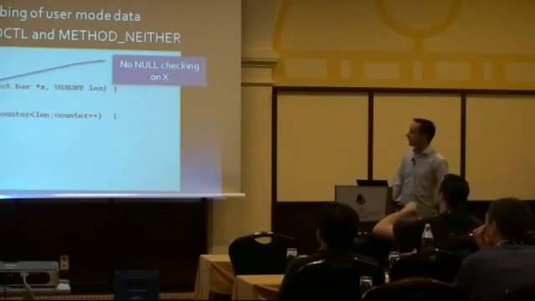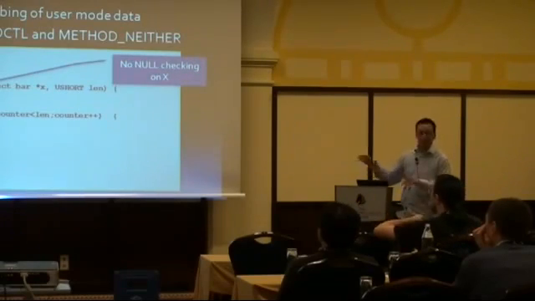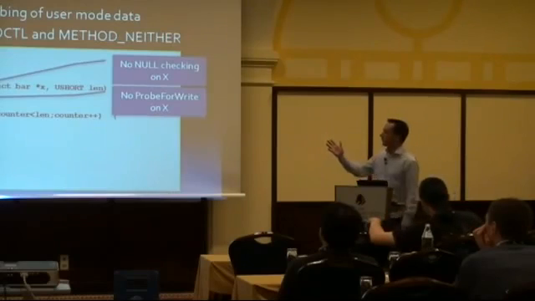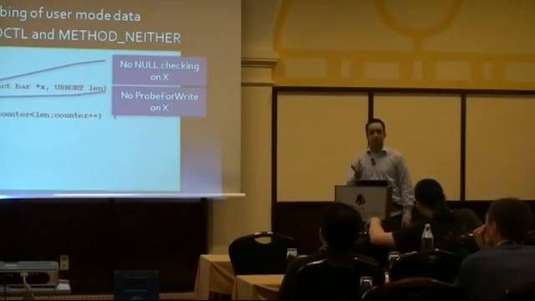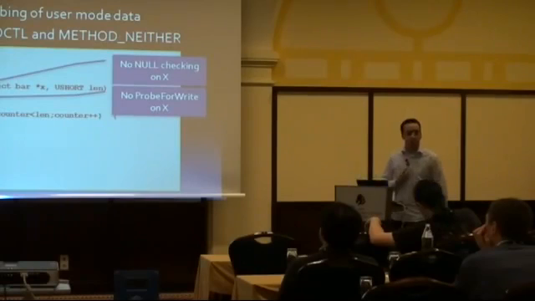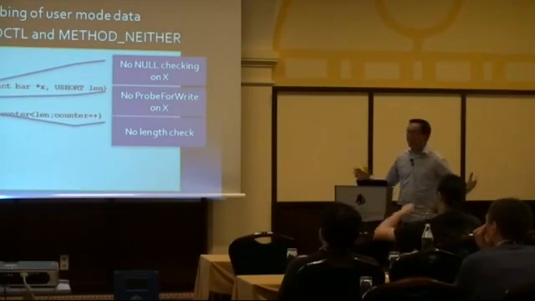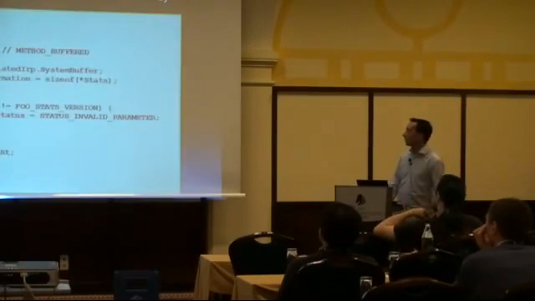There is no null checking. Again, this is fake code. We're going to go to real code later. No ProbeForWrite on X. So for example, if we're going to return data to the structure bar, we need to probe it for write. No length check. Probably bar was not allocated with a sufficient length, etc.